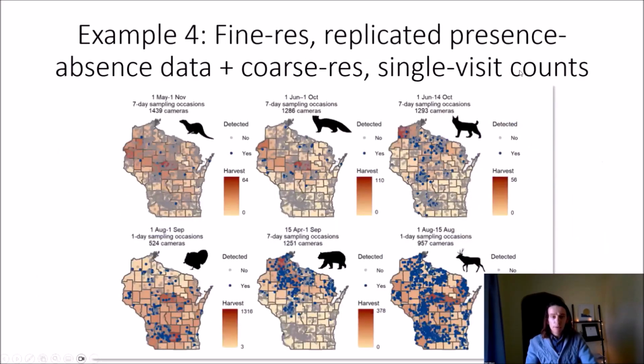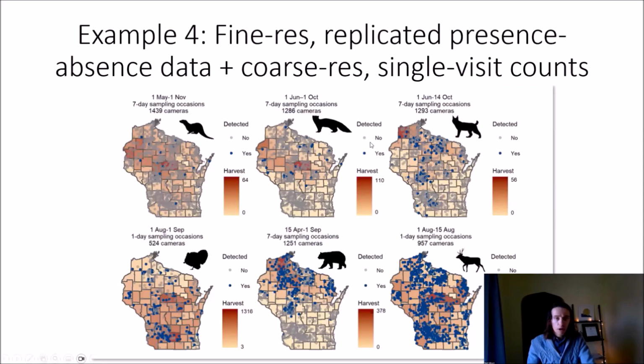And then the last example is a model that combines fine resolution replicated presence absence data with coarse resolution single visit counts. This is an example that I made based off of some work that I did where I integrated camera trap data, which were collected from points, with harvest records, which are summarized at the county level, so a much different resolution. This model accounts for that mismatch in spatial resolution between data types.